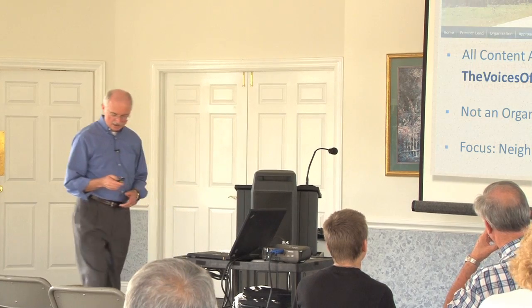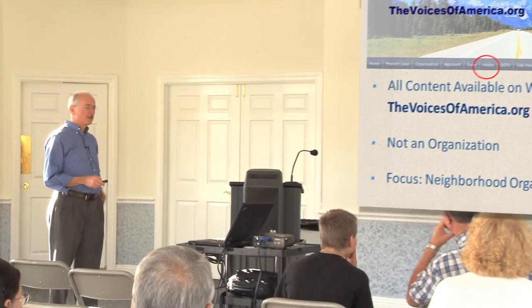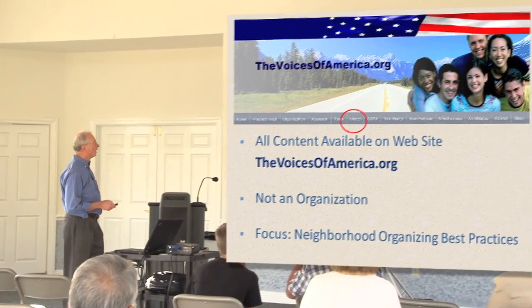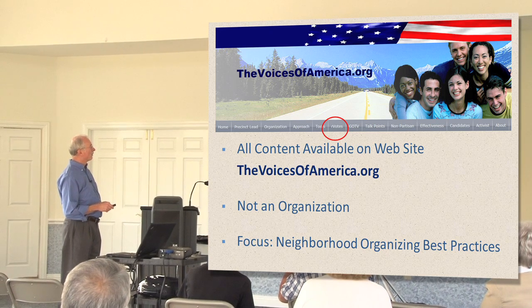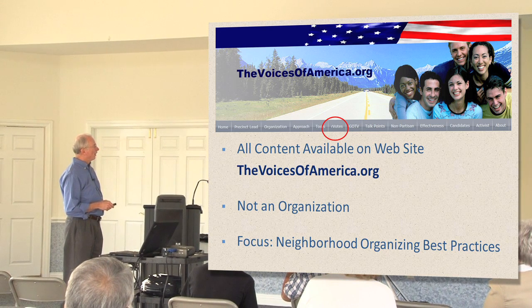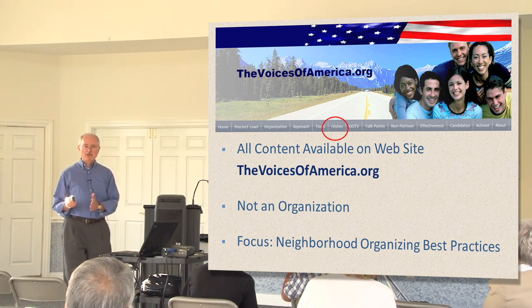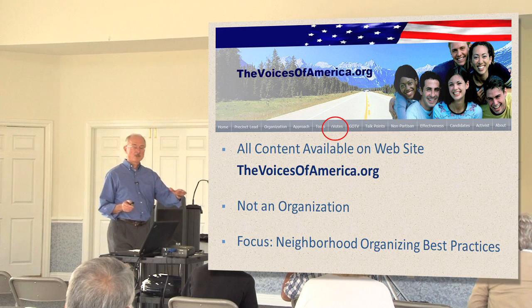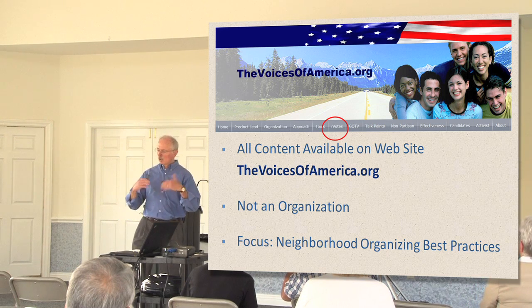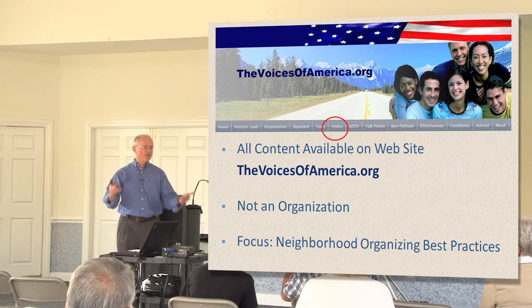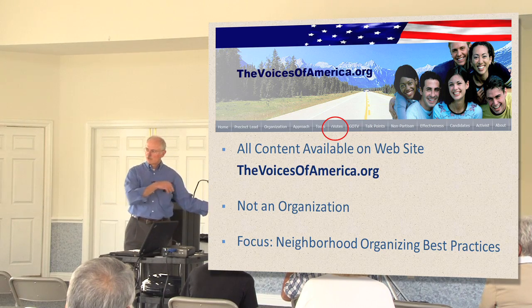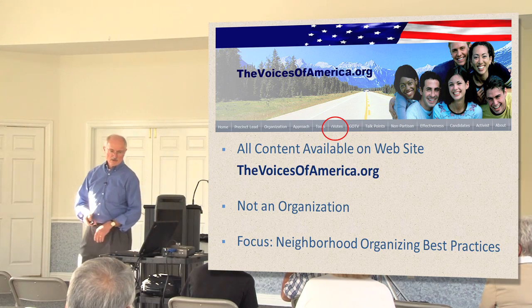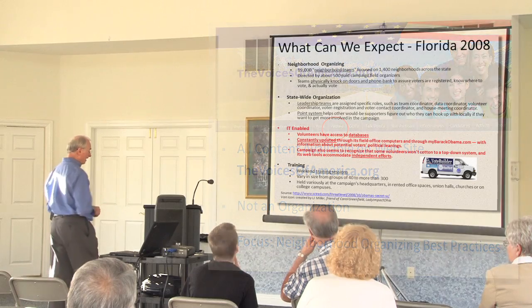Because we identified it as a best practice, if you go to our website, thevoiceofamerica.org, there's an rVotes main tab, and then there are sub-tabs on rVotes. And again, all of the content I'm presenting now is on our website as well. So you don't need to take notes.